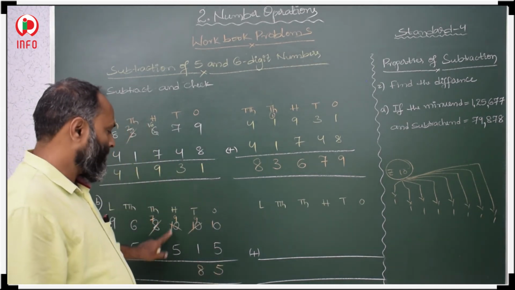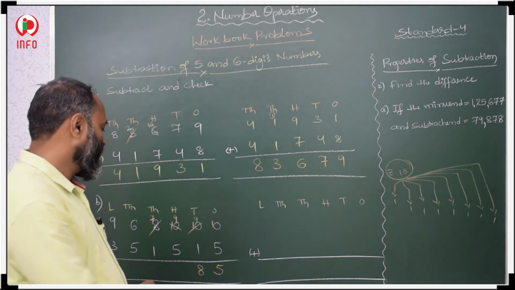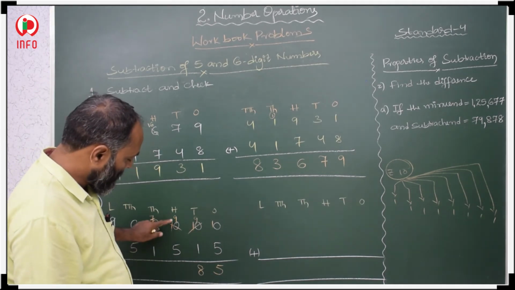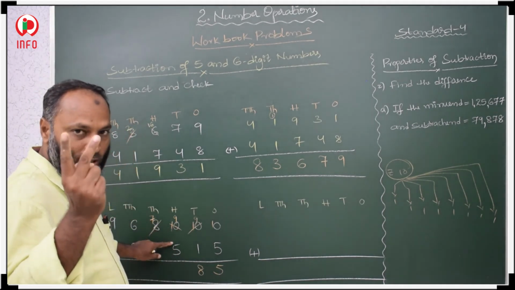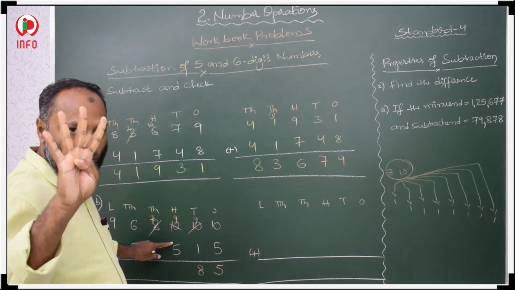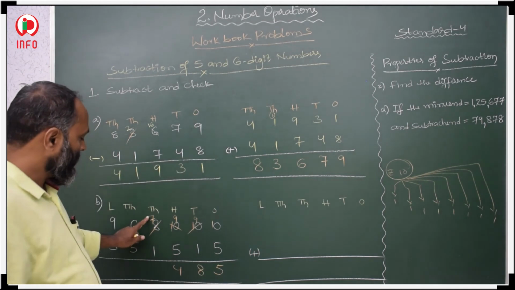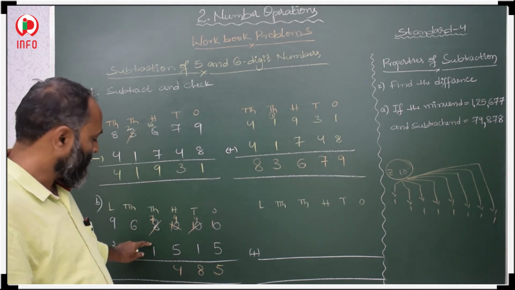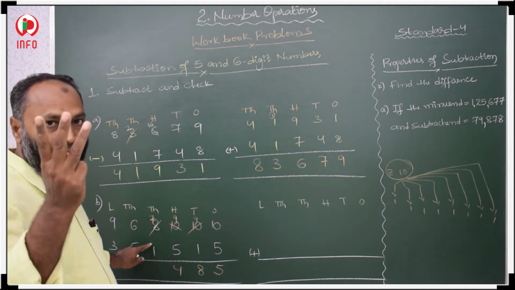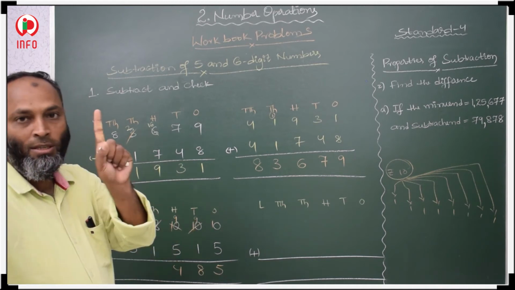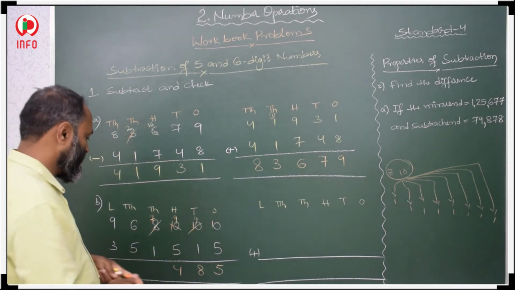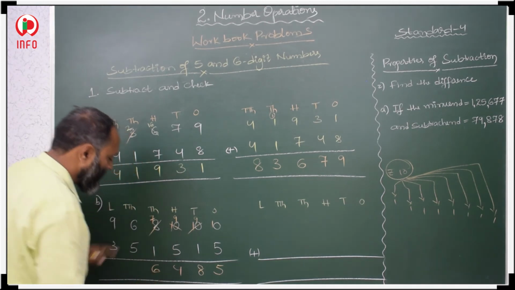9 minus 5. 9 is bigger. From 6 to 9 you have to count: 6, 7, 8, 9. How much? 4. 7 minus 1 means from 2 to 7 we have to count: 2, 3, 4, 5, 6, 7. Total 6. 6 minus 5.